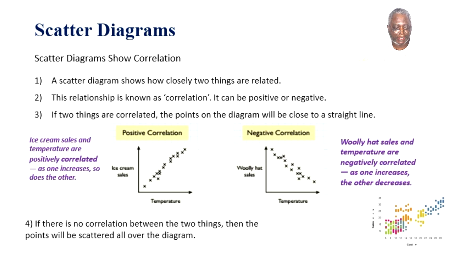As one increases, so does the other. But woolly hat sales and temperature are negatively correlated. As one increases, the other decreases. If there is no correlation between the two things, then the points will be scattered all over the diagram.